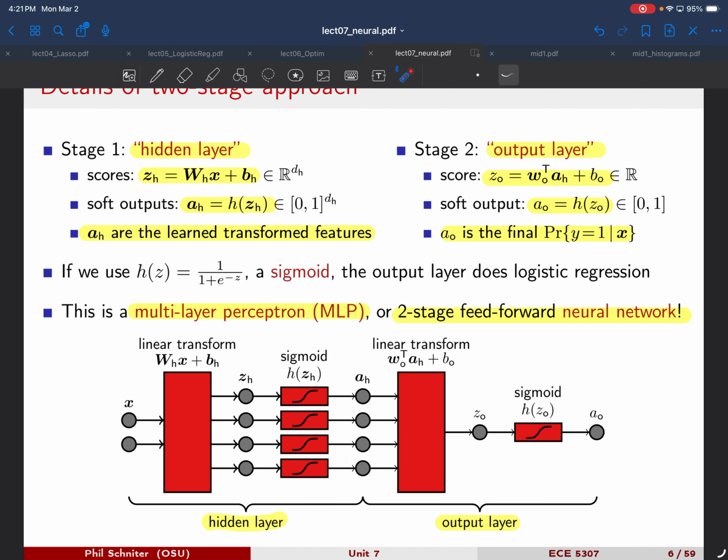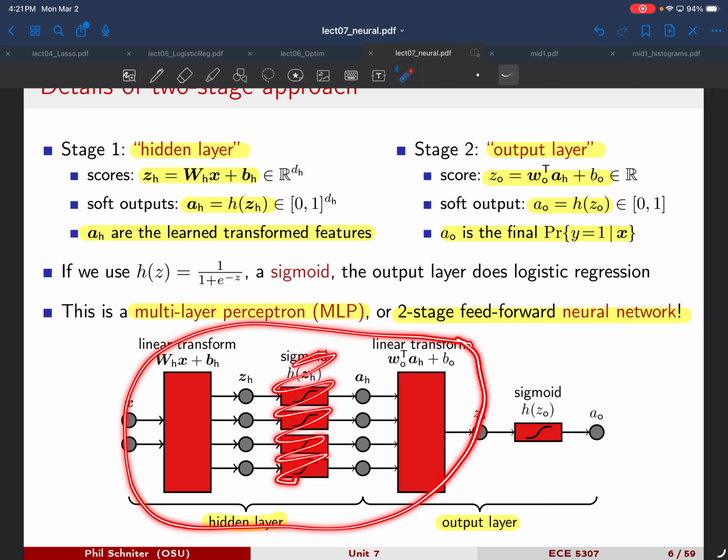But let's first do a thought experiment. What if I took this out? I just removed that. What's going to happen? What do I have as a result? If I take that out and you think of cascading these 2 operations, what do we have in the end?